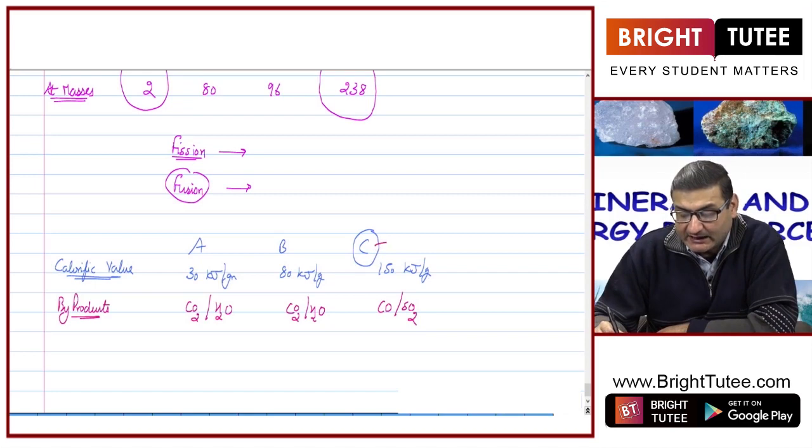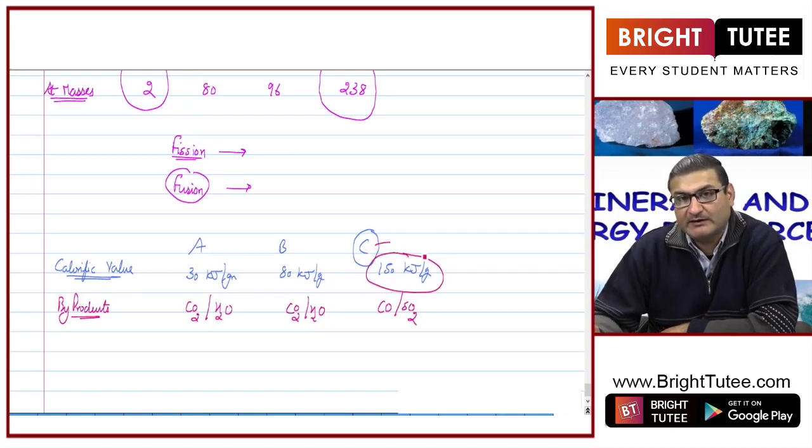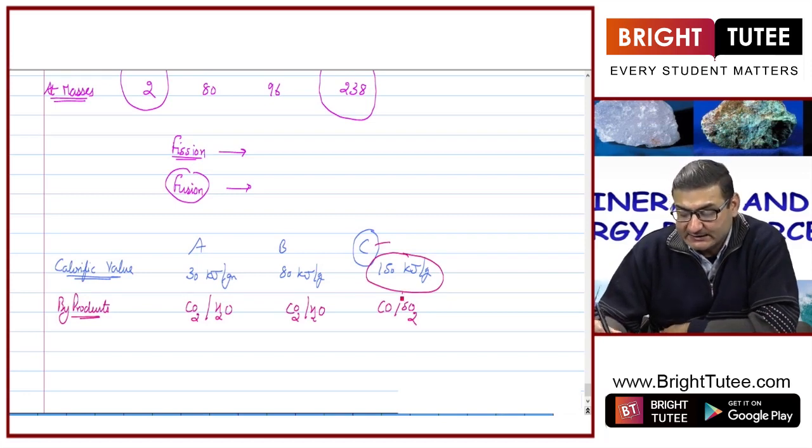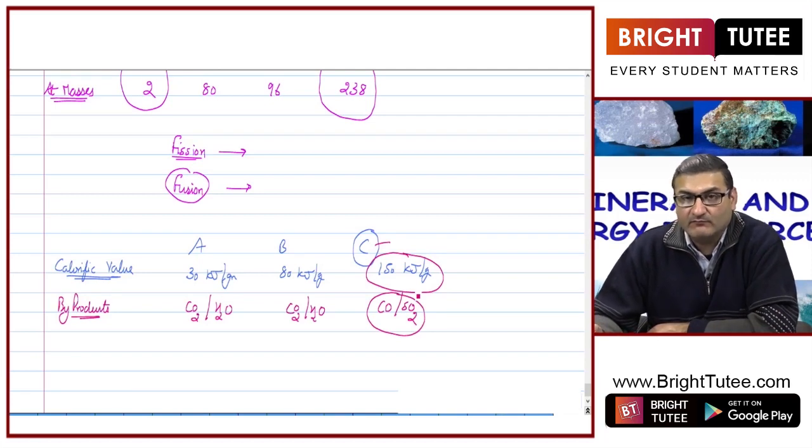C, although it had the best calorific value and was providing the maximum possible amount of energy, is producing poisonous gases, that is why we will not use it as a fuel. Why? Because this is very harmful for the environment, for us.